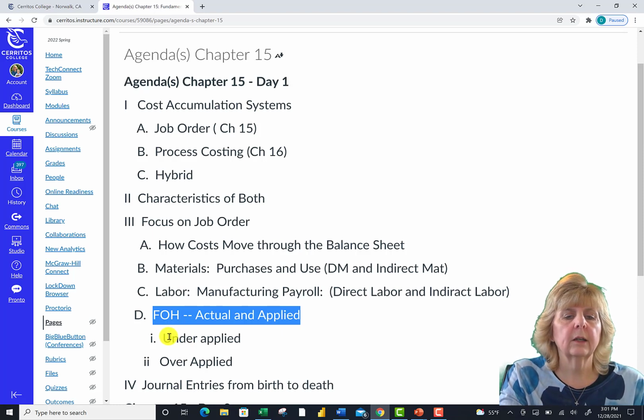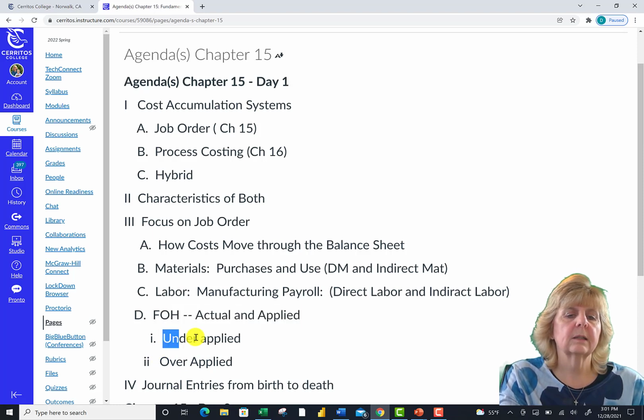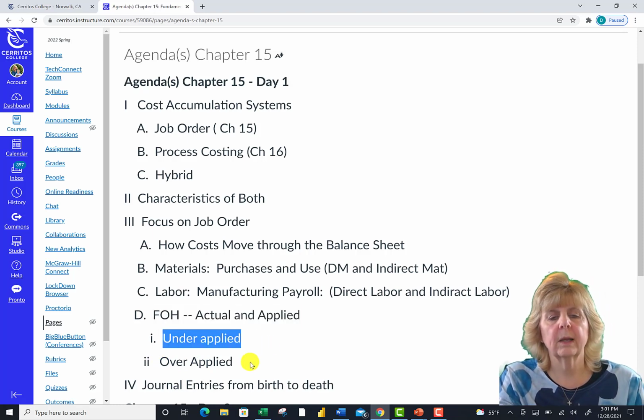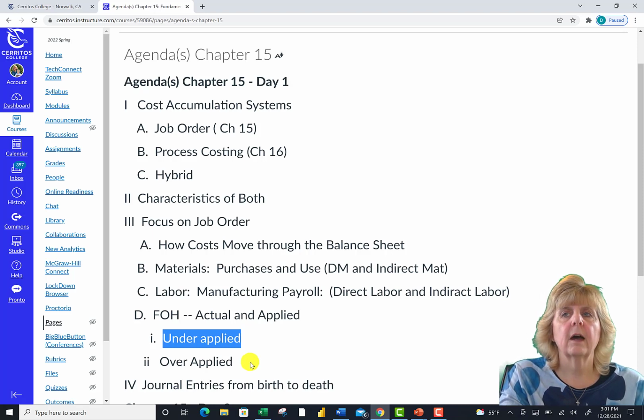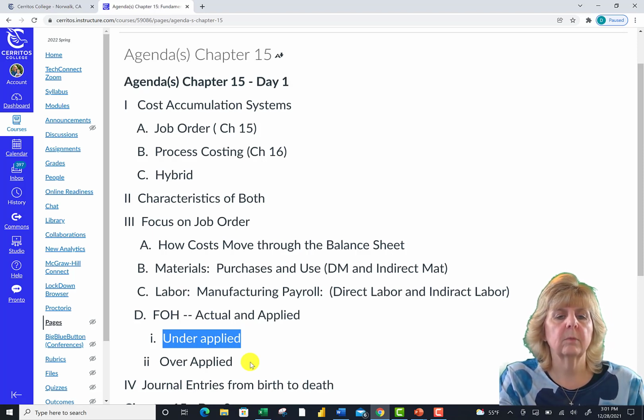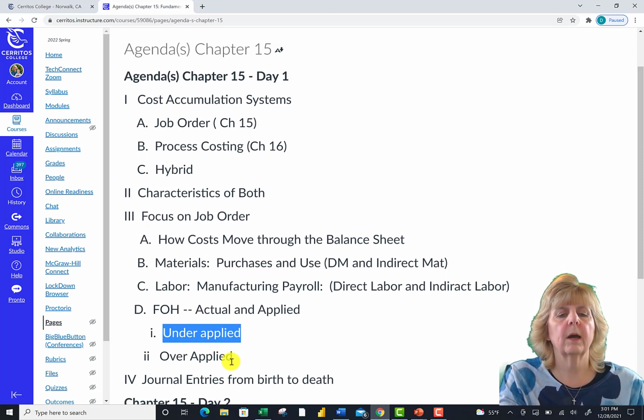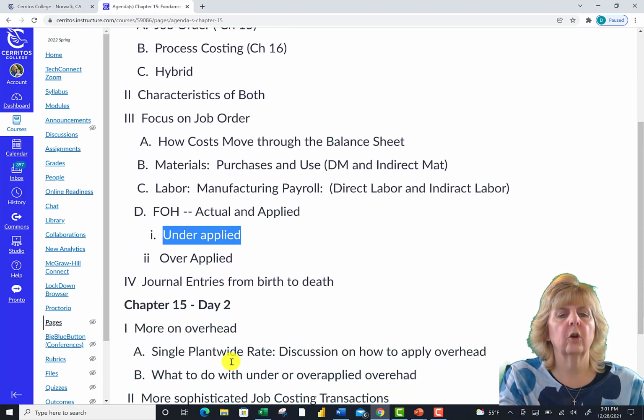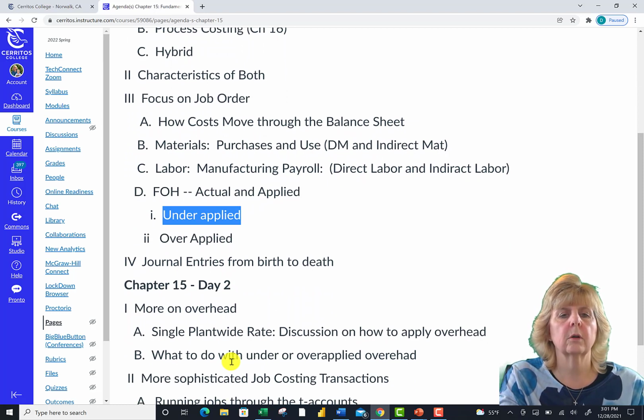And we talked a little bit about that factory overhead account in Chapter 14. Now we're going to see again a level of complexity come up in that our overhead debits and credits are usually not going to be equal. And so we'll talk about what do we do with over-applied or under-applied factory overhead.